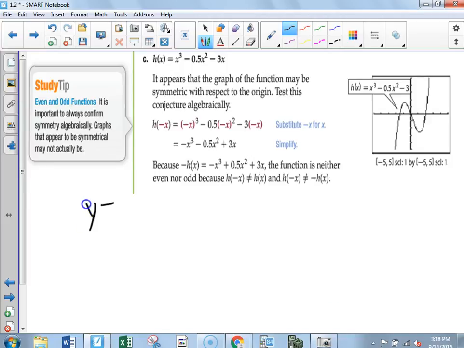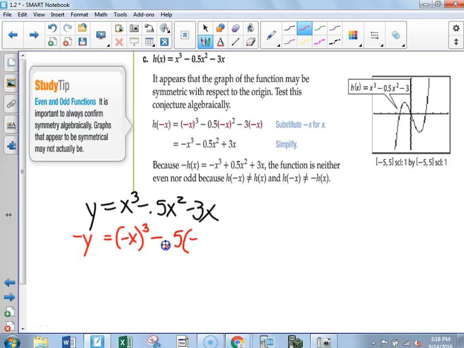If it said y equals x cubed minus 0.5x squared minus 3x, you would replace the y with its opposite, and you would replace each of these x's with its opposite. Think of it like a -1 because it's equivalent.